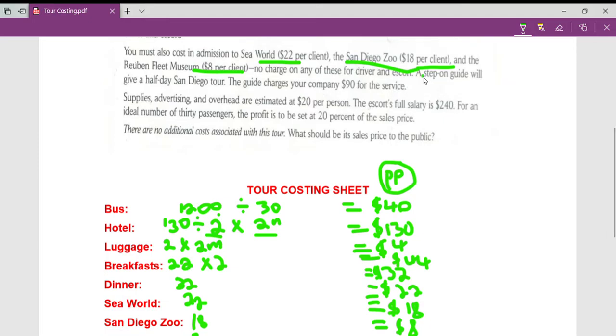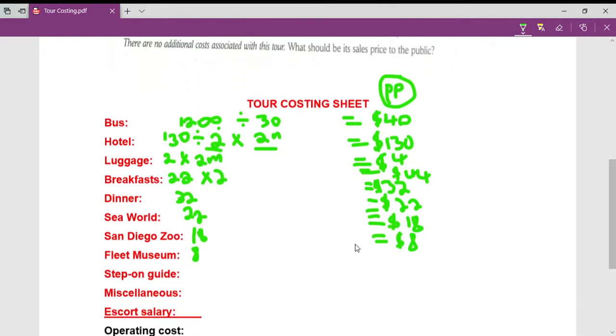It goes on to say that a step-on guide will give a half-day San Diego tour. The guide charges your company $90 for the service. So the step-on guide will charge us 90. This again is what we refer to as a fixed cost. Sorry, I'm struggling with this pen.